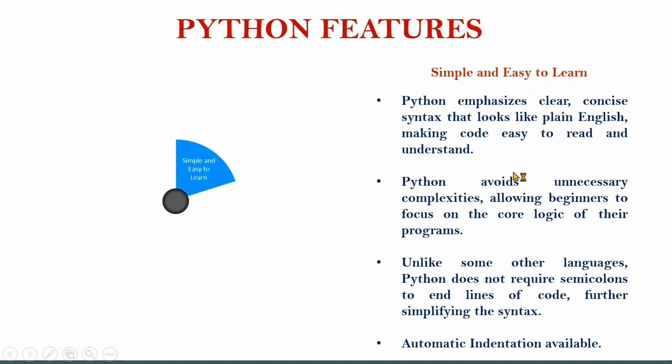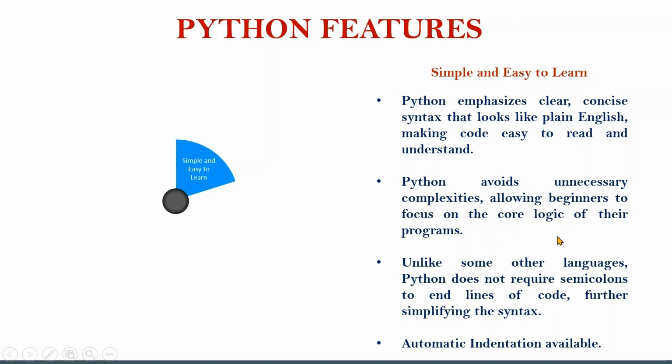Once you are thorough with the concept and understanding, and it is legible to read and you can make your own code, then obviously that looks very simple. Now, Python avoids unnecessary complexities, allowing beginners to focus on the core logic of the programs.